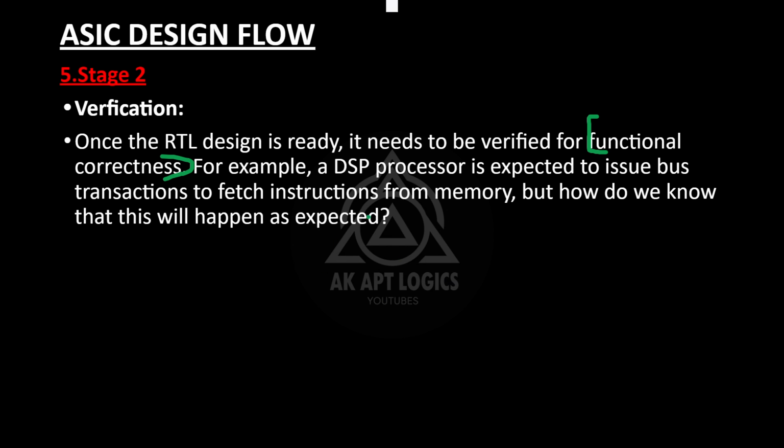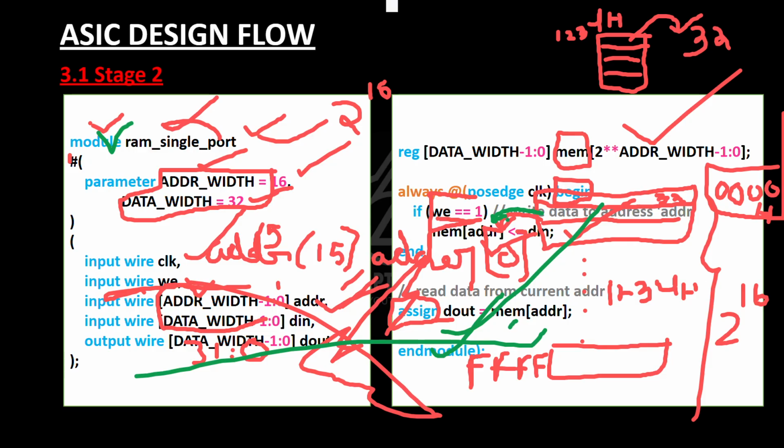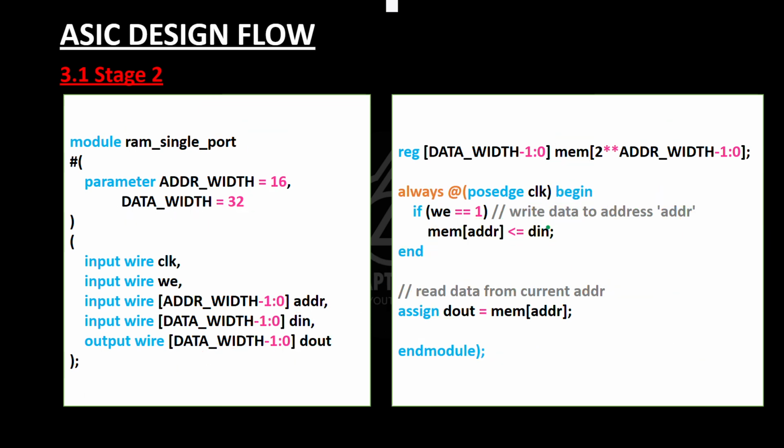For example, in the previous design, how are we going to know that the D value is pushed into the memory of the address? How are we going to do it? By reading that particular value in this step, right?